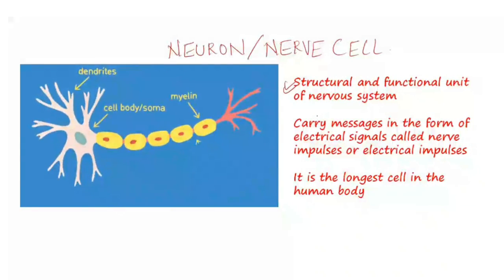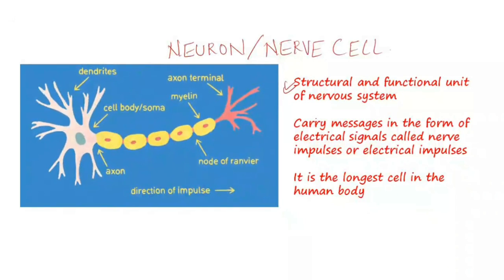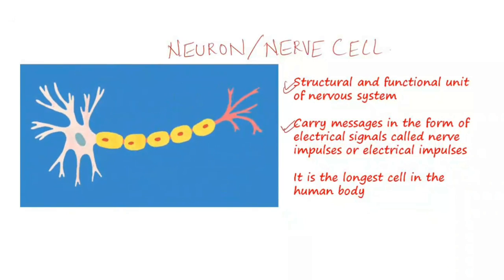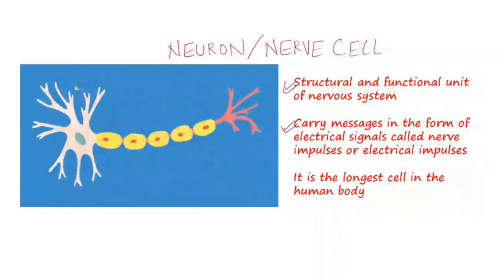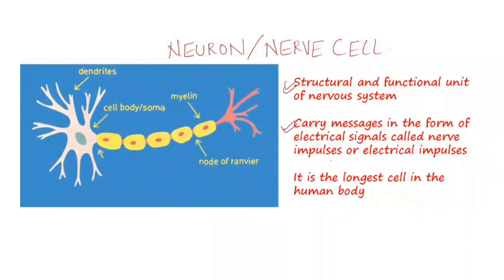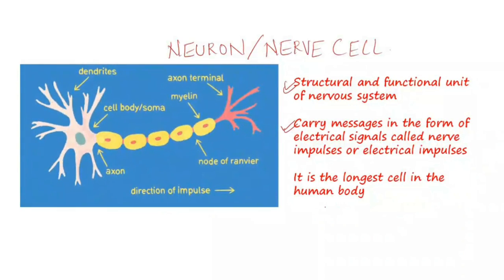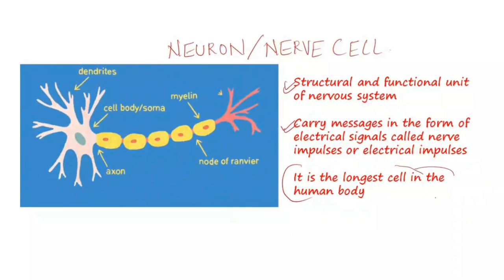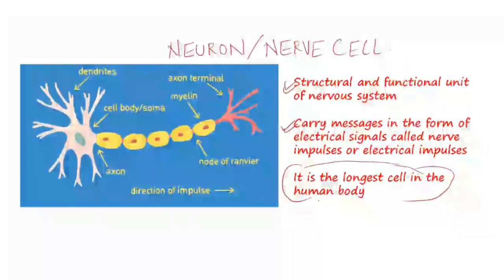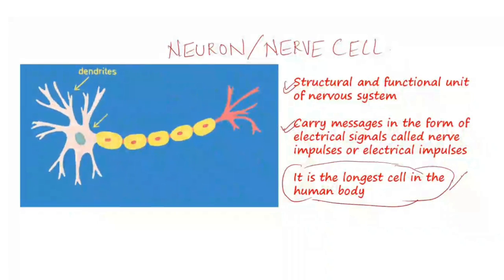It carries messages in the form of electrical signals, which are also called nerve impulses or electrical impulses. It is the longest cell in the human body. Very important point to be noted.